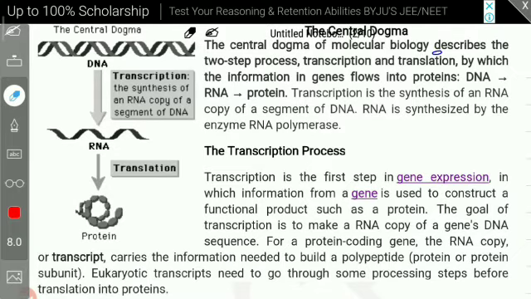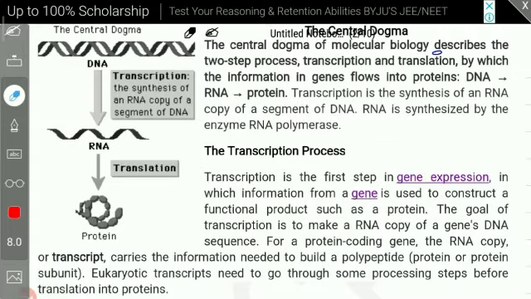Students, in this video I am going to explain transcription. In the earlier video I explained to you the central dogma of molecular biology. The central dogma describes a two-step process.